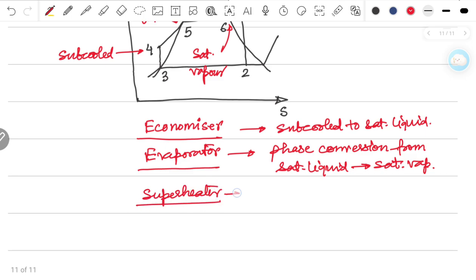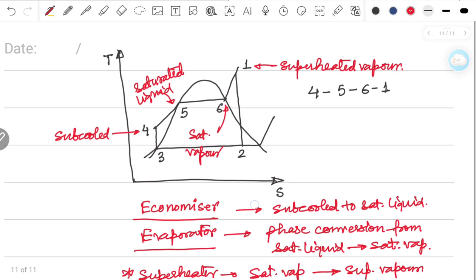In the superheater, the saturated vapor converts into superheated vapor. So the conversion from saturated vapor to superheated vapor happens in the superheater. This whole thing is what we call our boiler.